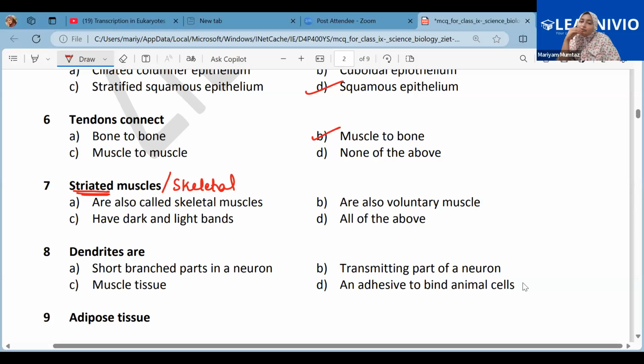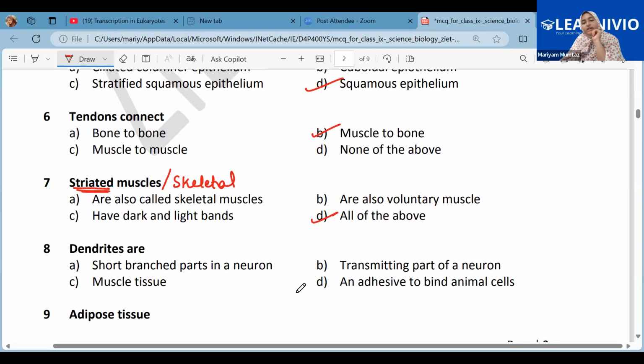They are voluntary muscles, meaning you can control them on your own will. So all of the above would be the answer. Clear? Yes, ma'am. Where will the cardiac muscle be present, students? Heart. Correct.